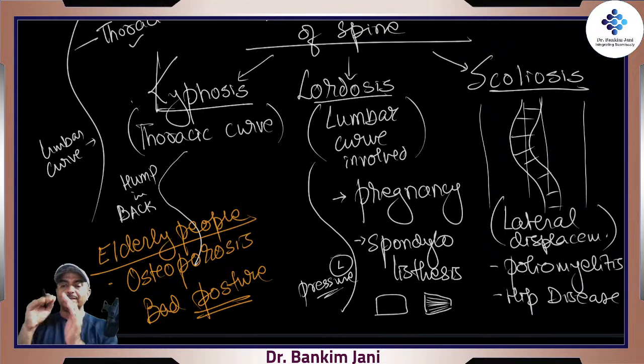When that portion is involved, it is painful, so the person will put more weight on the opposite side, and gradually it leads to scoliosis. But do remember: kyphosis, thoracic curve; lordosis, lumbar curve; scoliosis when it goes laterally. In scoliosis, the commonest cause is poliomyelitis or hip disease, and in kyphosis, osteoporosis is the commonest.